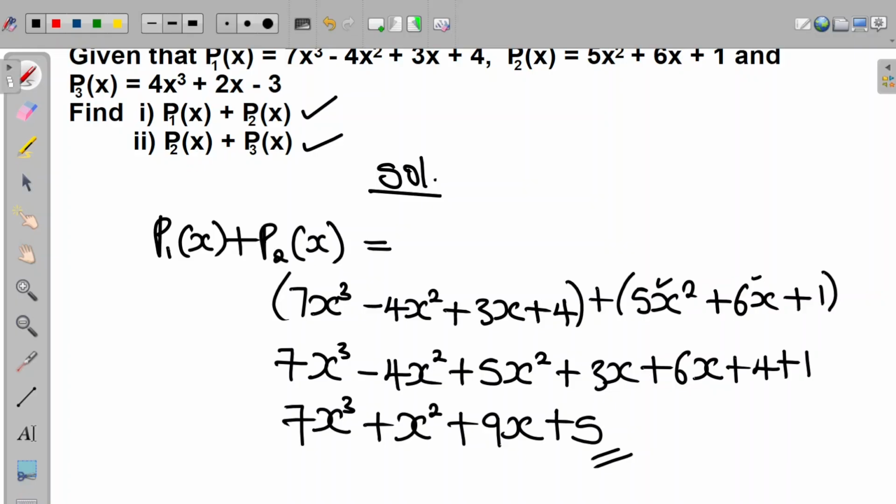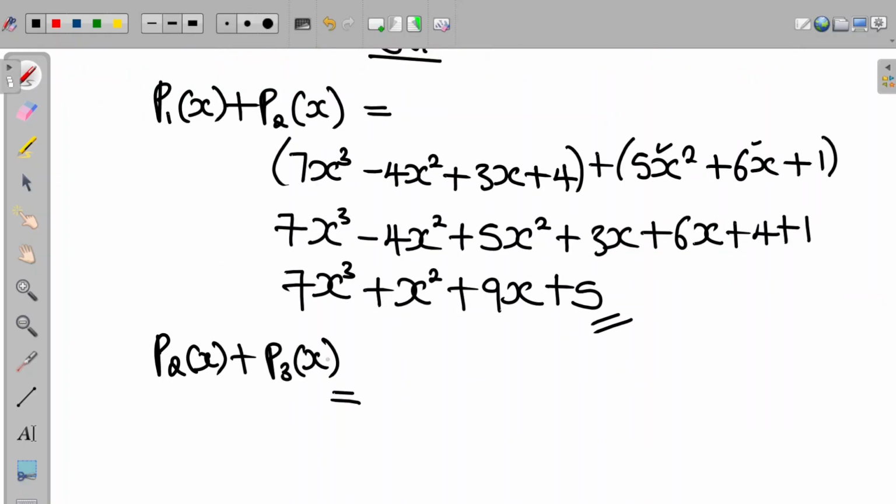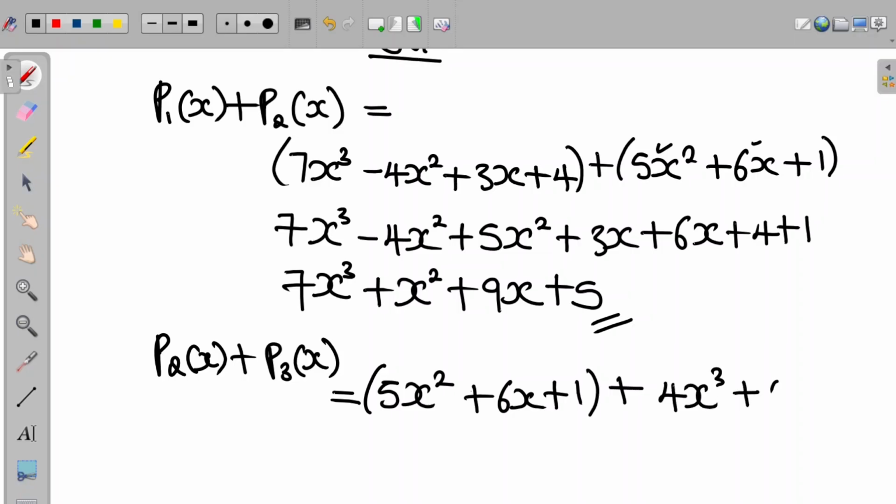Now let's take up the second question. We are given that we should add P2 of x and P3 of x. Now P2 of x is equal to 5x squared plus 6x plus 1, all enclosed in a bracket, and P3 of x is given as 4x cubed plus 2x minus 3.